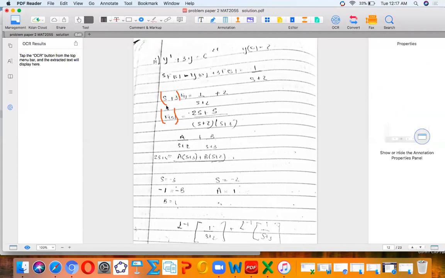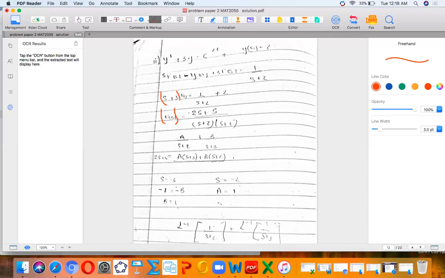So we group the s plus 3, and this is the F(s) that's coming from here. You can put the extra step if you want. Now, y(0), we know it's 2. So if you replace this with 2, you'd have a negative 2. And if we carry it over the equal sign, that's why I have this plus 2, right?